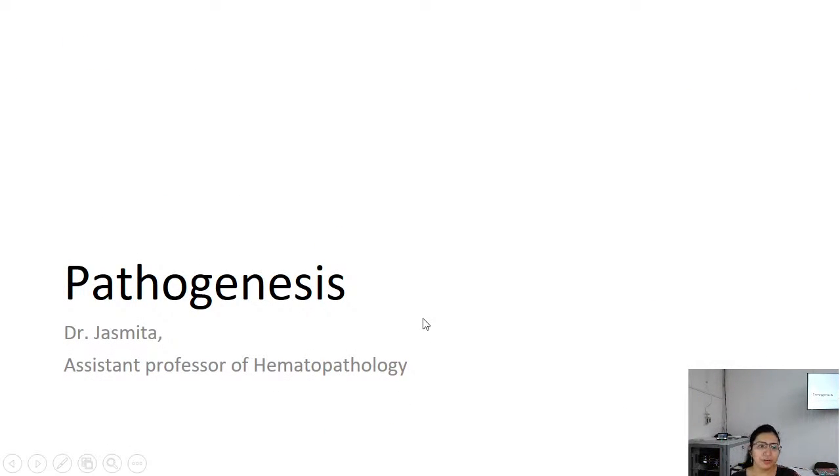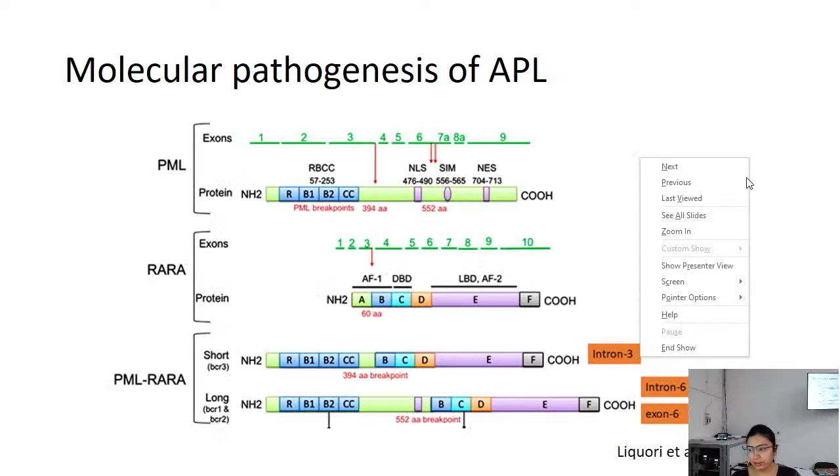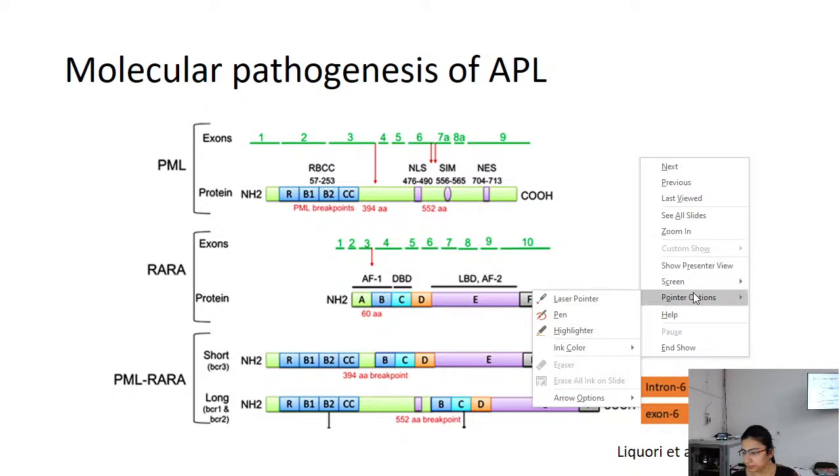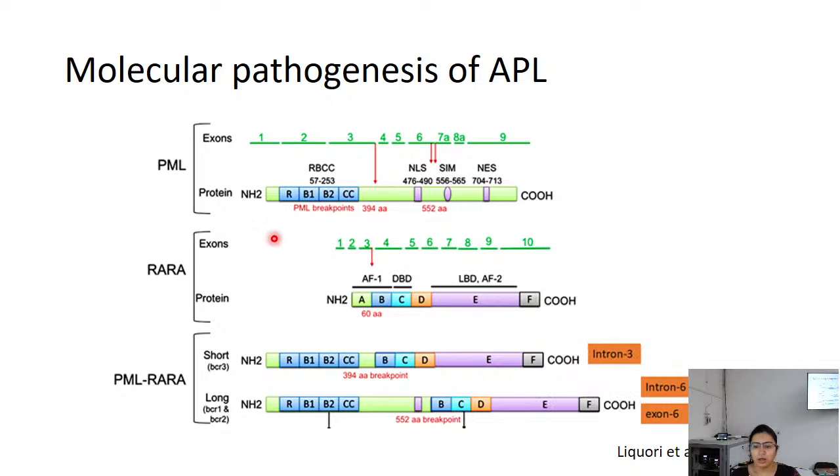I'll discuss in brief the molecular pathogenesis of APML. It occurs because of a gene fusion between the PML gene and the retinoic acid receptor alpha gene, RARA. They fuse to form the PML-RARA fusion transcript.